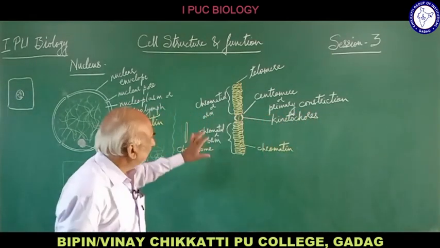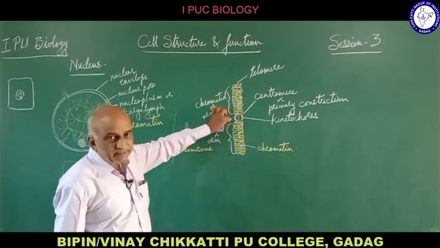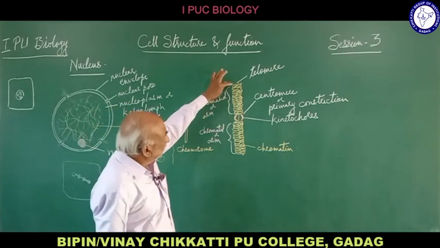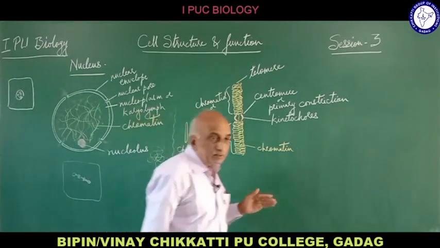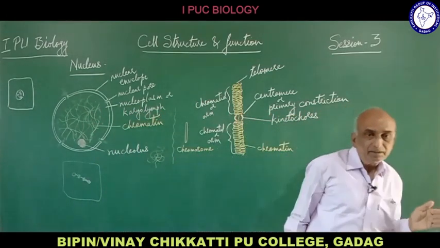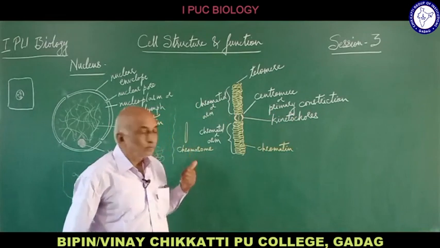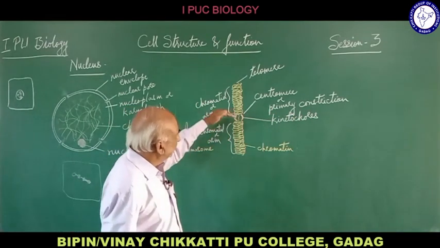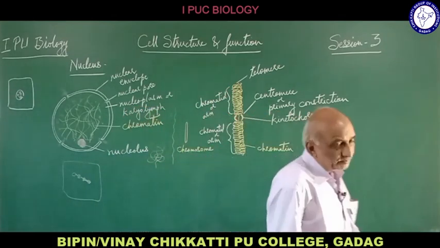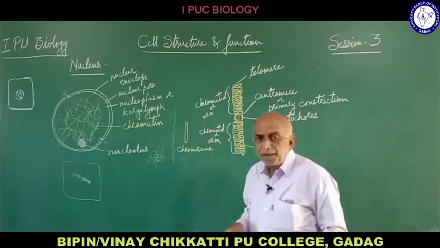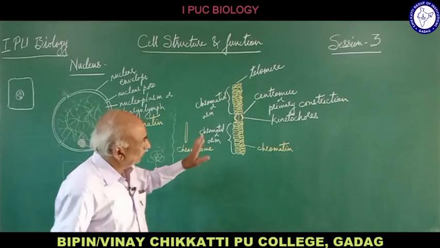The centromere may be present anywhere along the length of the chromosome. Usually it is present in the center or away from the center. From this end to this end, the centromere is present anywhere. So the centromere or the primary constriction divides the chromosome into a pair of daughter chromatids. This is one chromatid and that is another chromatid, which is also called an arm. The chromatids or arms are the part of the chromosome that is on either side of the centromere or the primary constriction.